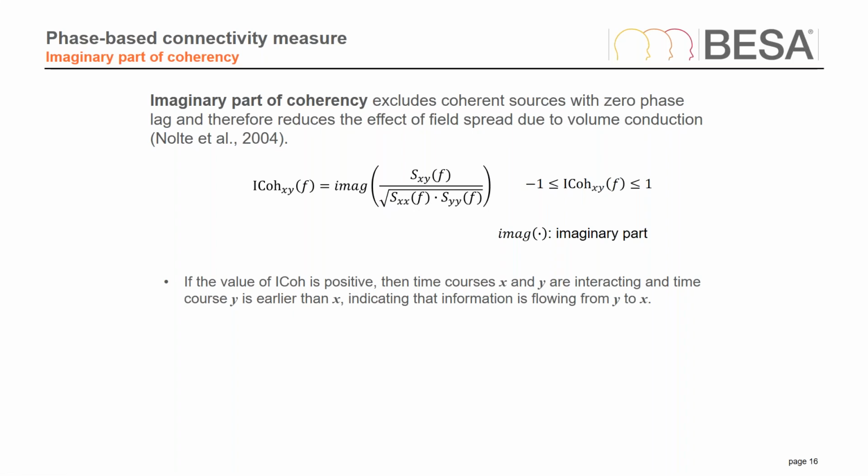Another thing about imaginary part of coherency is that it can also tell us about signal flow between sources. If the value is positive, that means that time course Y would be earlier than X, and the information flow is then suspected to be from Y to X.